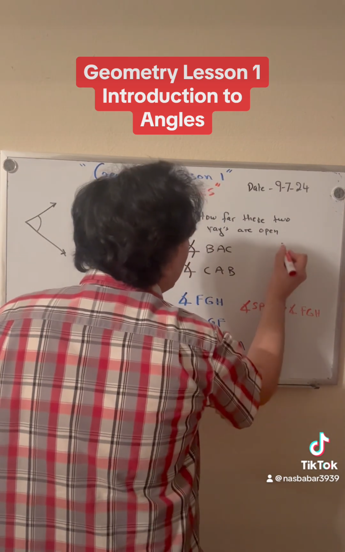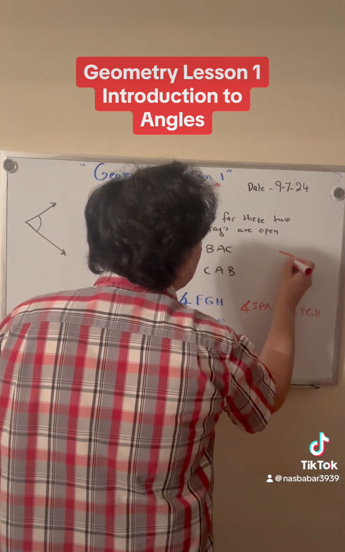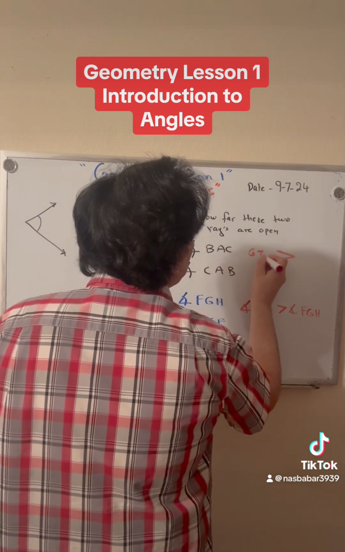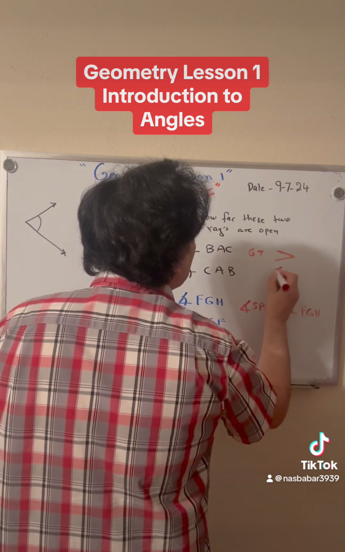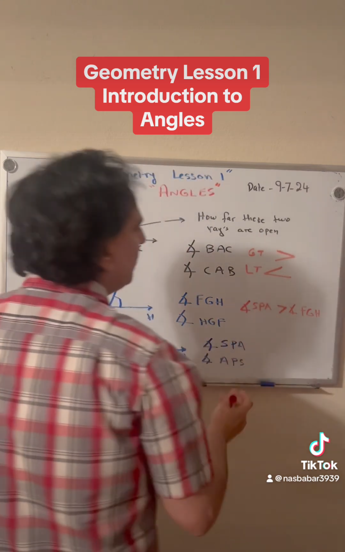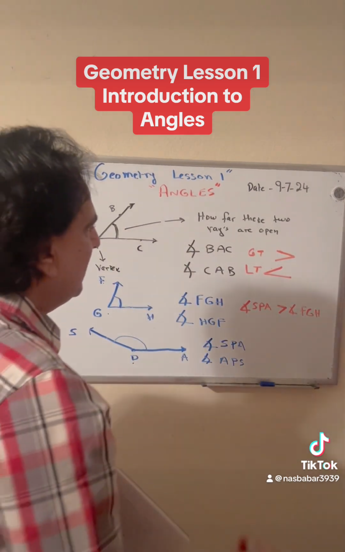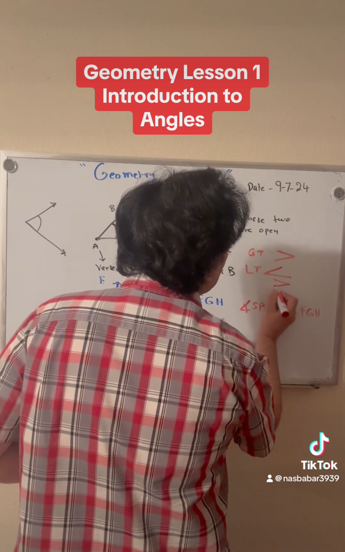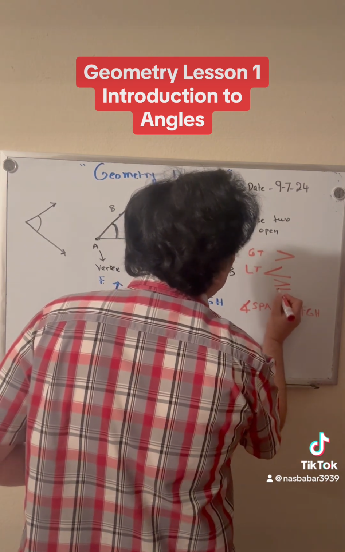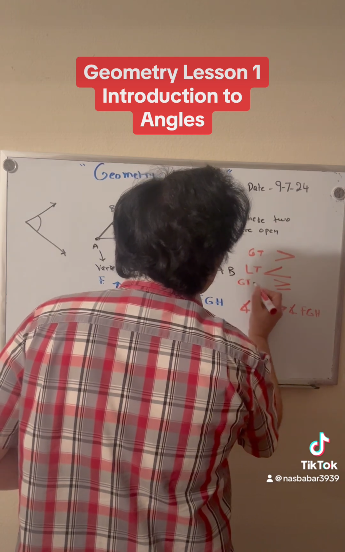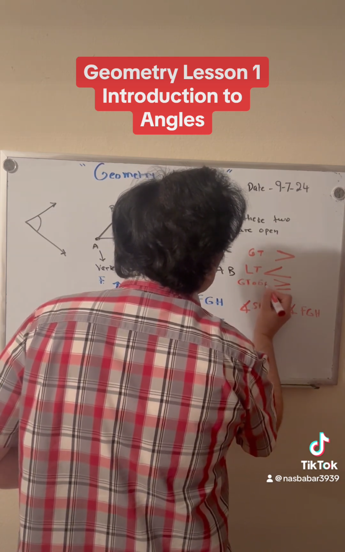This sign is greater than, and this sign right here is less than. You have to remember that. There is also this sign with a line below it, which is greater than or equal to.